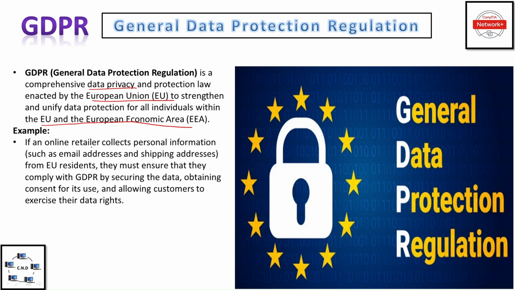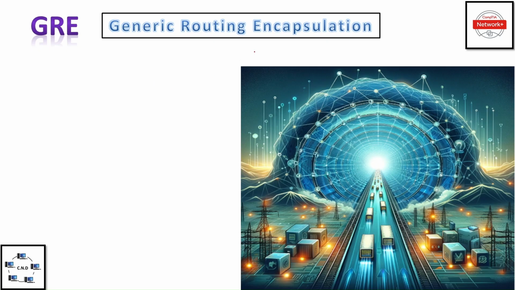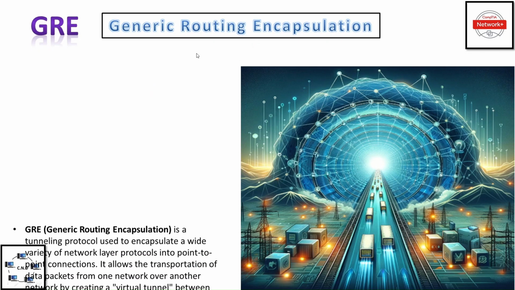For example, if an online retailer collects personal information such as email addresses and shipping addresses from EU residents, they must ensure that they comply with GDPR by securing the data, obtaining consent for its use, and allowing customers to exercise their data rights.